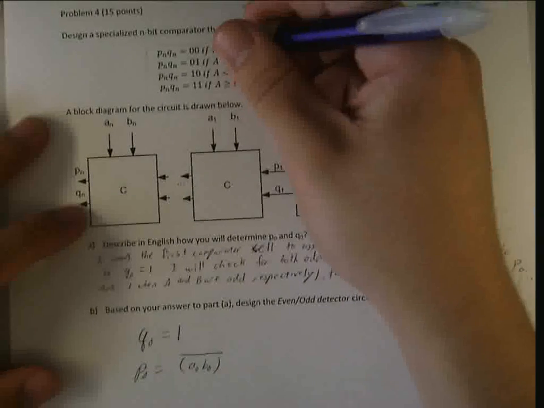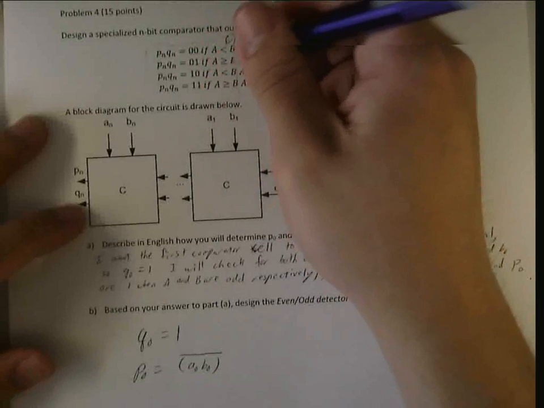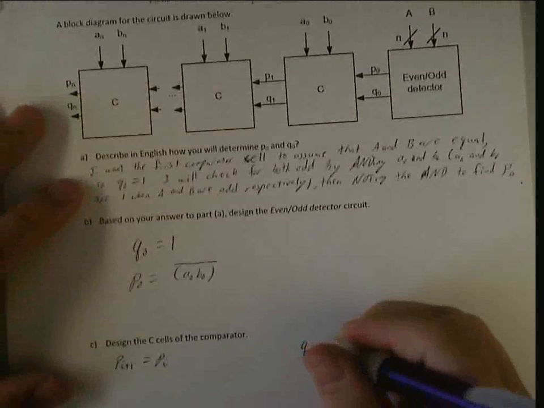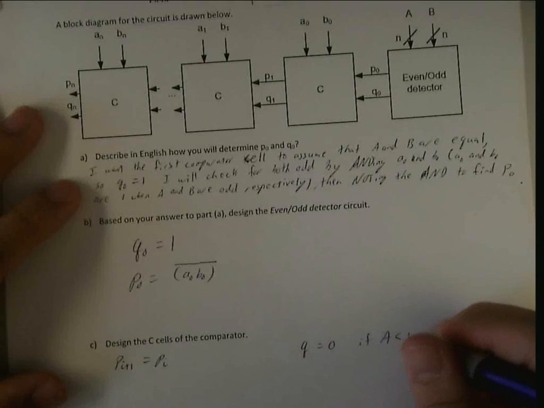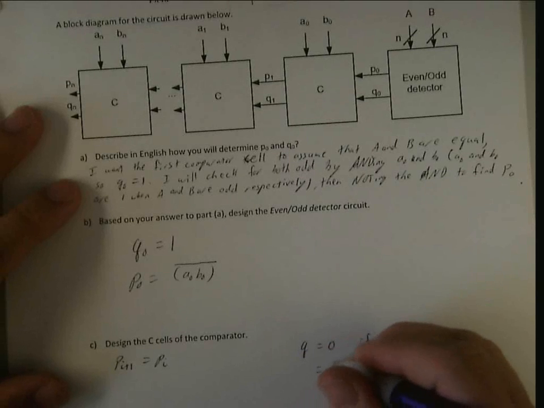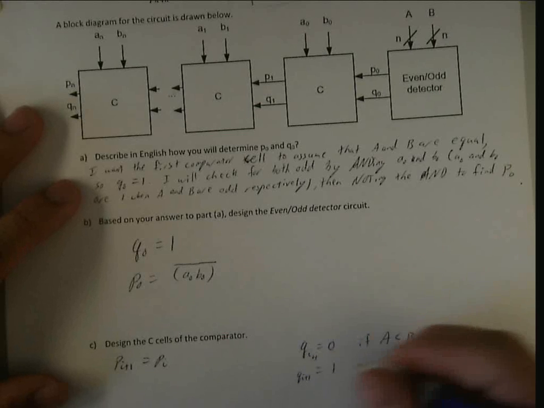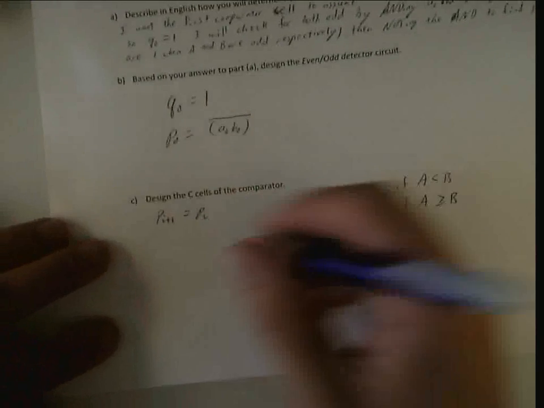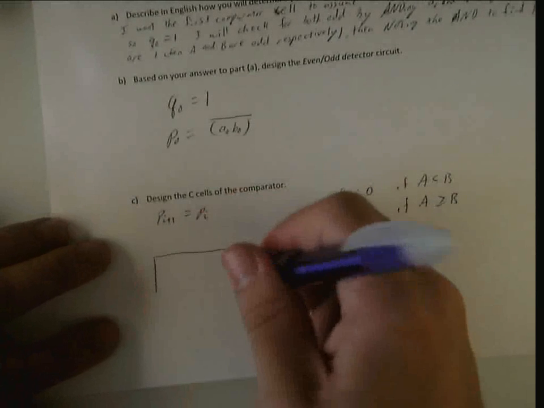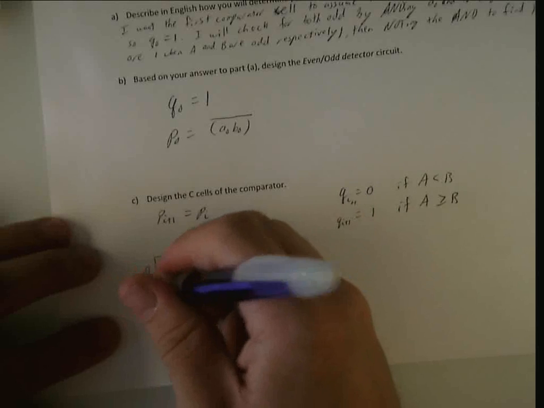So Q is 0 when A is less than B, and 1 when A is greater than B. Another way to think about this: Q sub i plus 1 equals 0 if A is less than B, and Q sub i plus 1 equals 1 if A is greater than or equal to B. So I only need to write a 3 by 1 truth table with Q sub i as 0, 1.